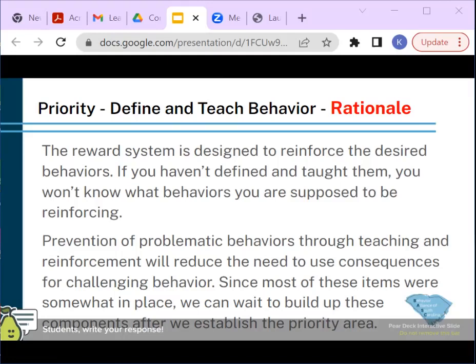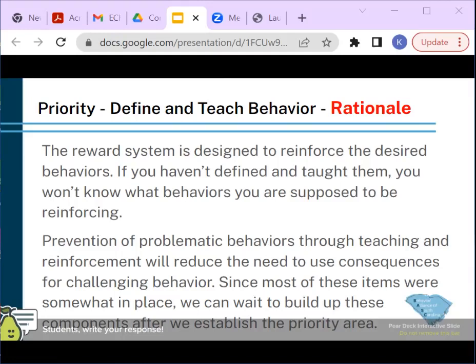So first of all, a reward system. She decided not to focus on the reward system because the purpose of the reward system within a PBIS framework is to reinforce the desired behaviors. So if she hasn't defined and taught those behaviors, reinforcing them won't work.